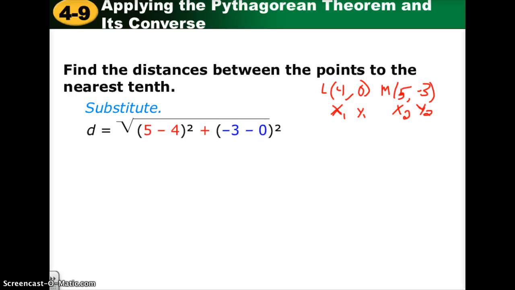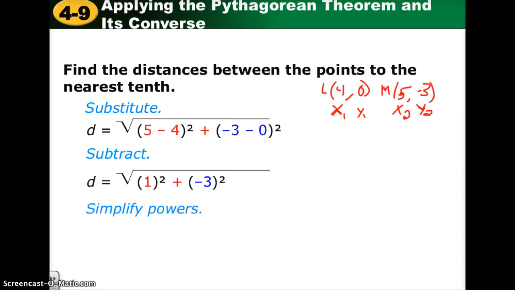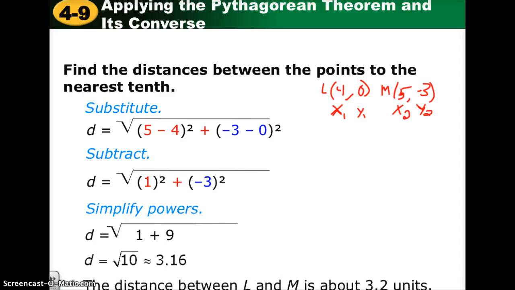Substitute them in. So it turns into 5 minus 4 and negative 3 minus 0. After subtraction, we have 1 squared plus negative 3 squared. After exponents, we have 1 plus 9, which is 10. Square root of 10 is approximately 3.16, but it asks us to round to the nearest tenth, so our distance would be about 3.2 units between L and M.